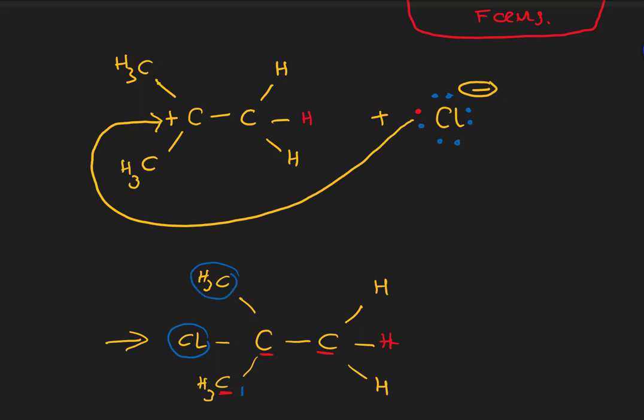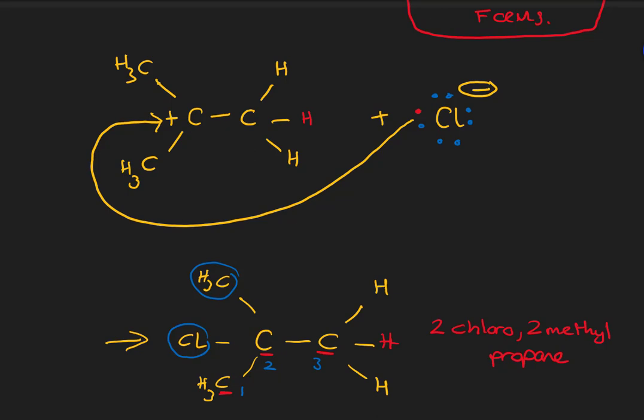So again, 1, 2, 3. So we are going to have, do this in red, 2-chloro-2-methylpropane. And that's the most stable product, and the product that will be generated in the highest proportion in the lab.